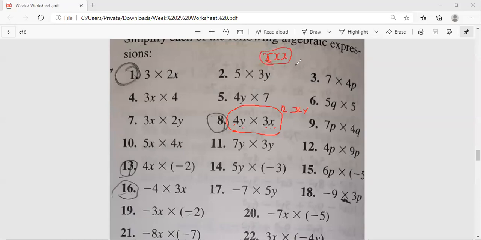If there are 3 x's multiplying, it will give us x cubed. So in this case, you can't get any power because x and y are totally different. Let me give you the next one. We go down.